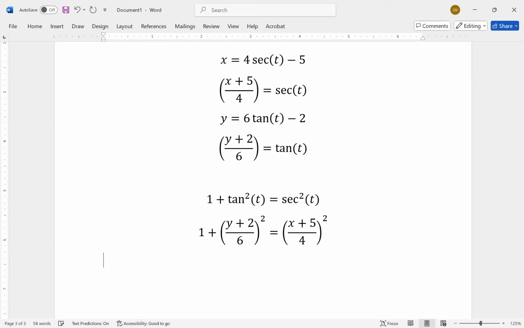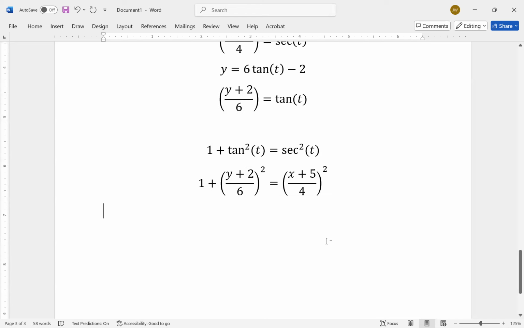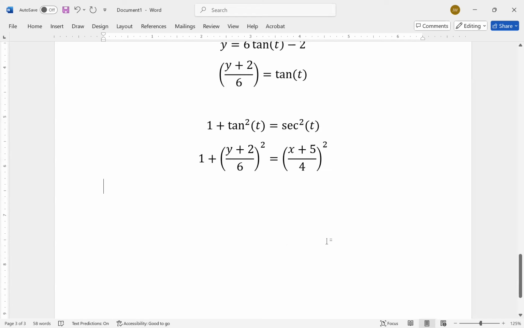I'm going to rewrite this into something that's a little easier to recognize. In particular, let me start by subtracting y plus 2 over 6 squared from both sides.